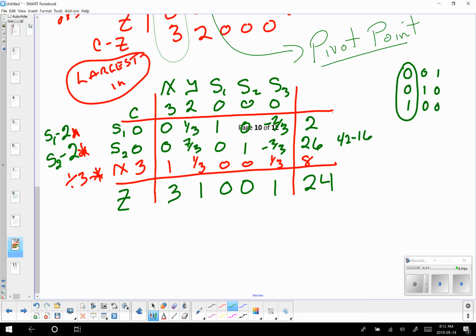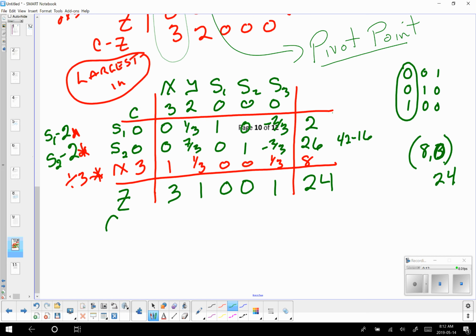So this is saying that the first time I was at 0, 0. Now I'm at 8, 0. And the maximum I'll make is 24. So that was the second point in our graphical solution.